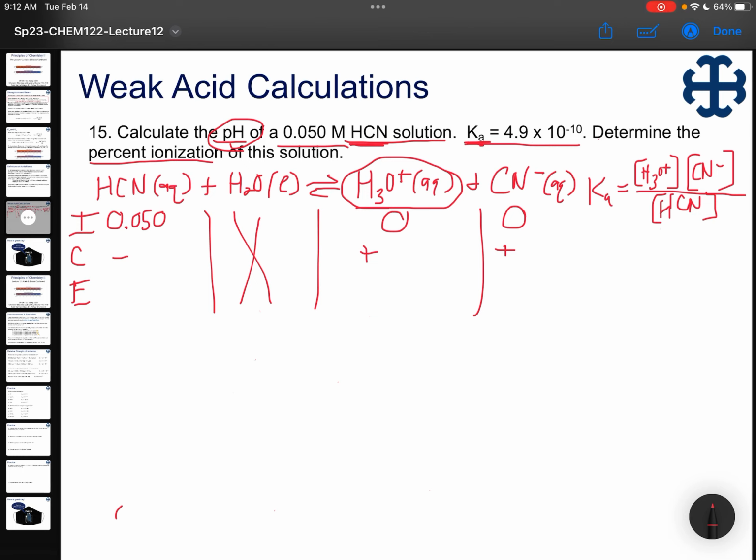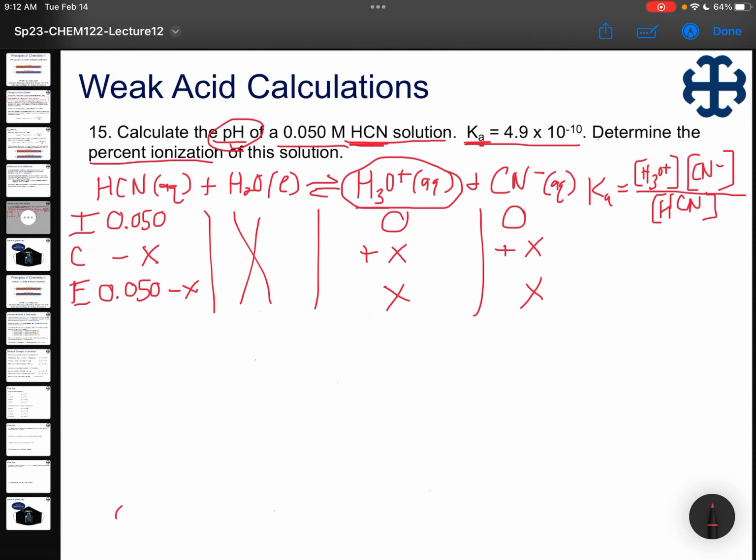And our coefficient for everything in this chemical reaction, it's very nice that it's 1. So this is just going to be minus x on our reactant side, plus x on our product side, and our equilibrium term, if we just combine those first two rows, ends up being 0.05 minus x, x, and x.